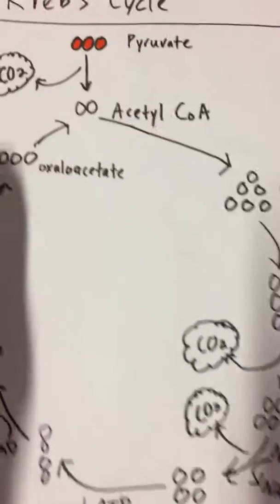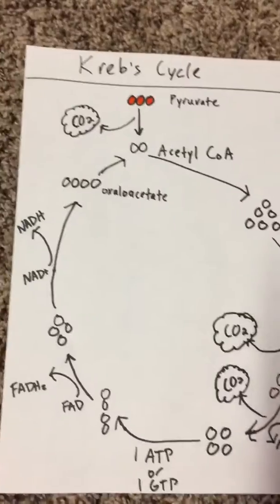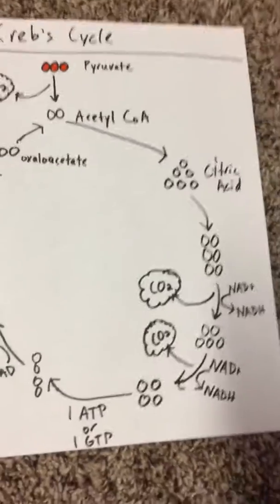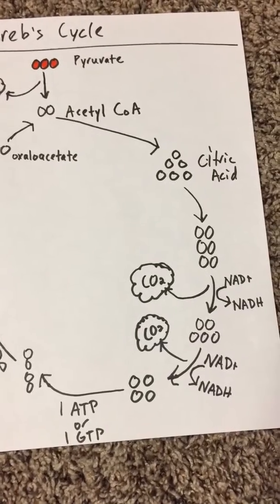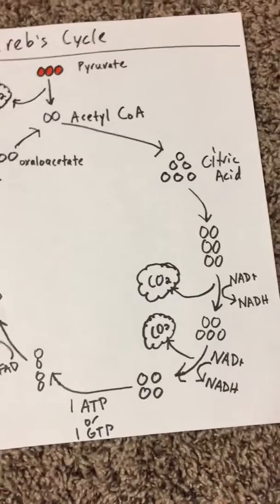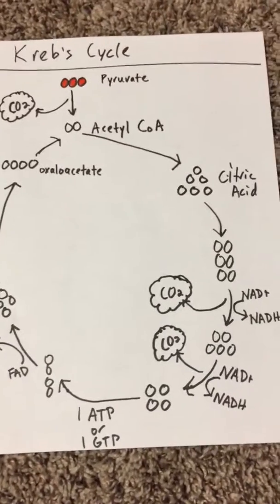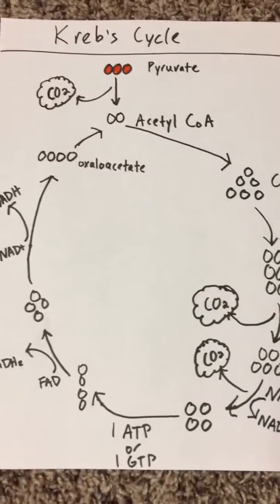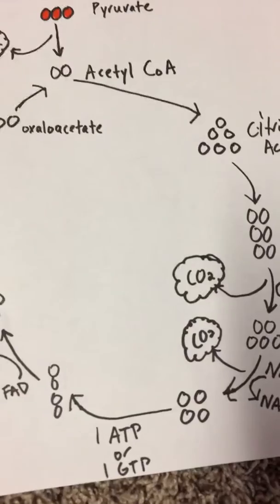Well, as you can see here, this little gaseous, cloudy-looking bubble is CO2. The carbon that's lost is going to be picking up 2 oxygen from the pyruvate, and it's going to exit the body as carbon dioxide, which we breathe out. So that's why I made that a little gaseous cloud. We breathe it out. It's gone for now.